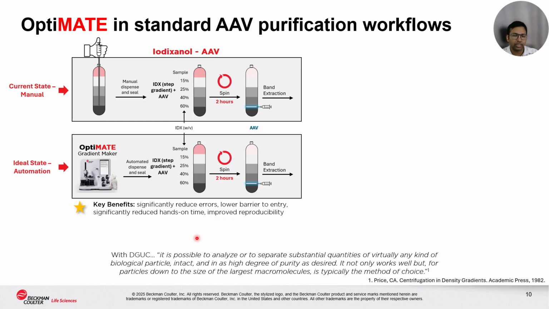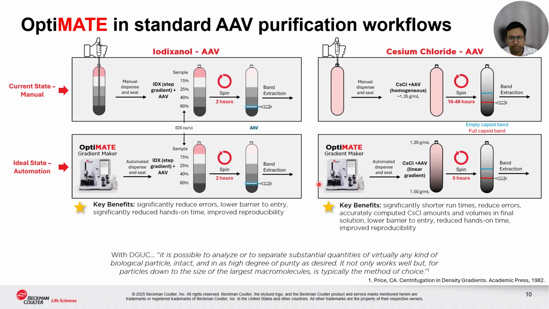So the key benefits you're looking at here is because of the precision, you see a significant reduction in errors. There is no manual step involved in actual gradient making, so there is lower barrier to entry. As a result, and I will show you some data on this, there is a significant reduced hands-on time, and then you will have improved reproducibility as a result of all of this.